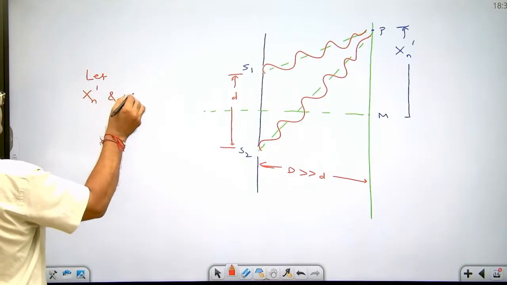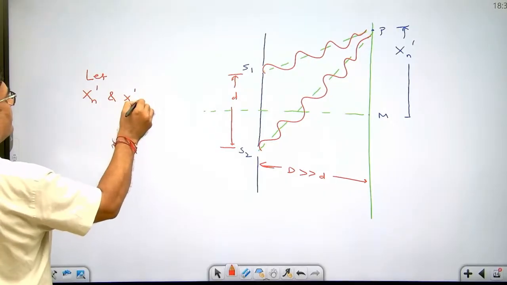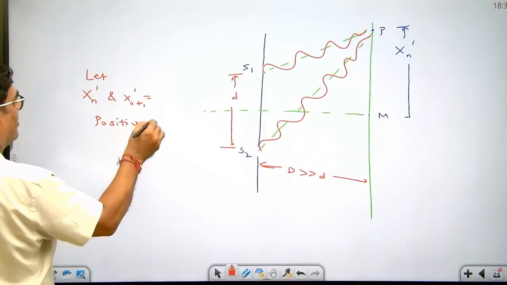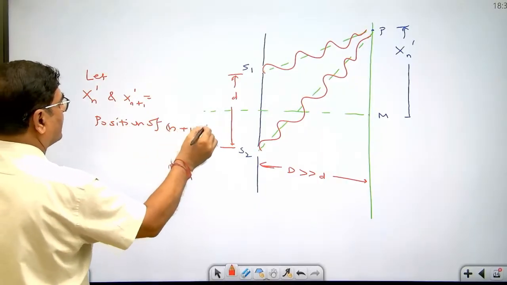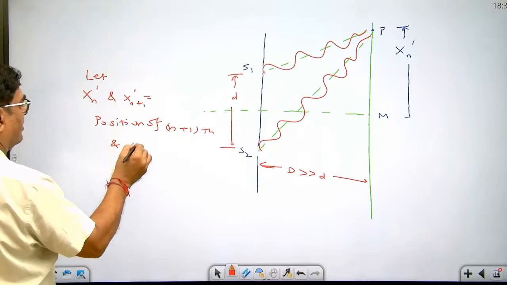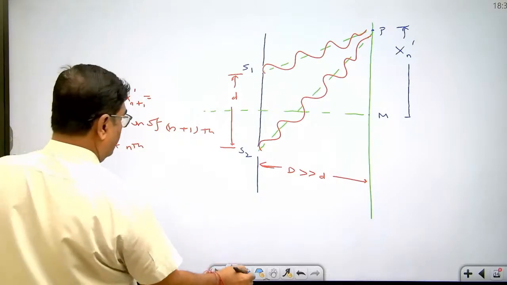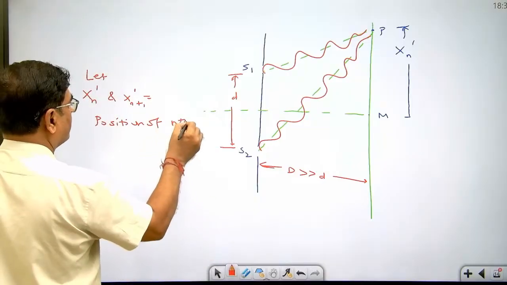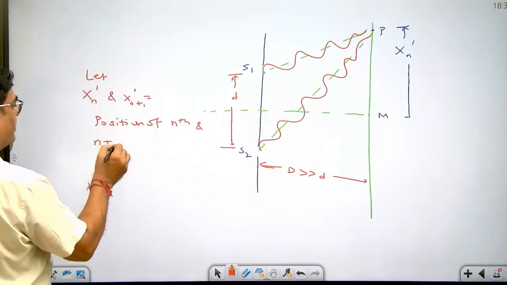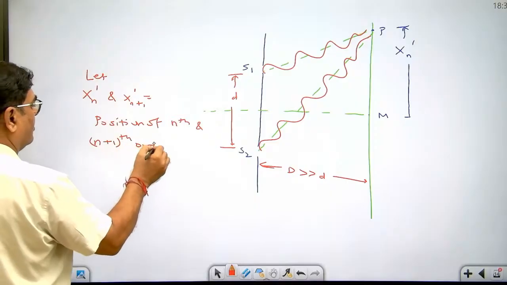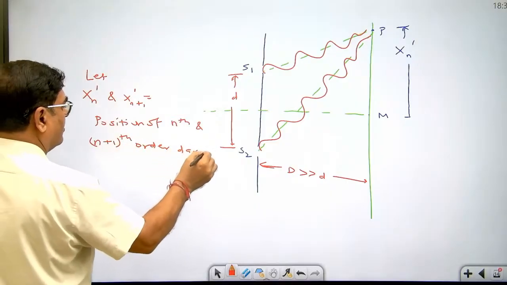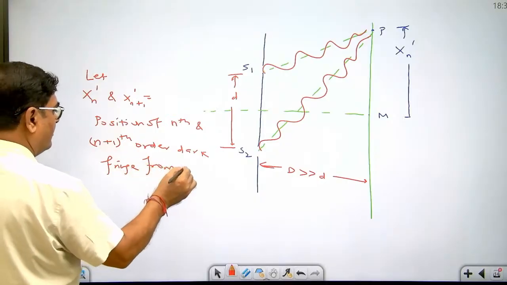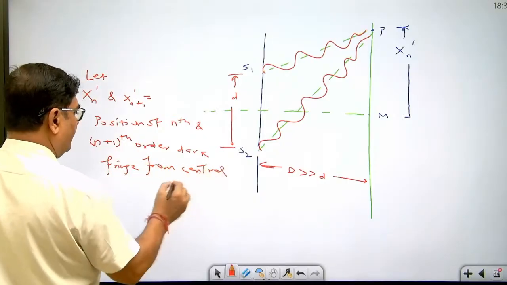Dear student, let's assume xn dash and xn plus 1 dash is the position of nth and n plus 1th order dark fringe from central fringe.